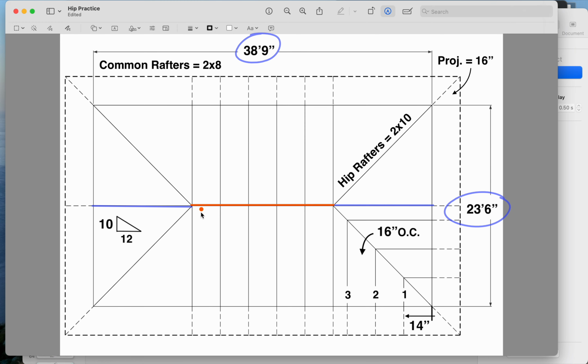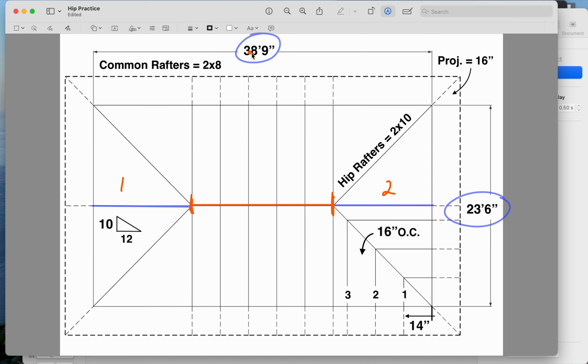Our hip ridge, you can see, is 2 common rafter runs shorter than the building. So basically, the run of the common is the width of the building divided by 2, right? And so we go half the width of the building plus half the width of the building. So we end up adding on the total width of the building.